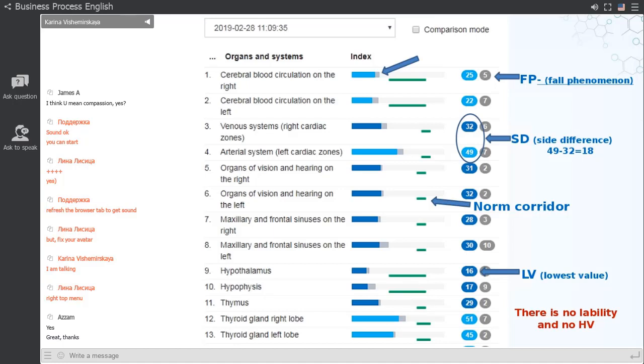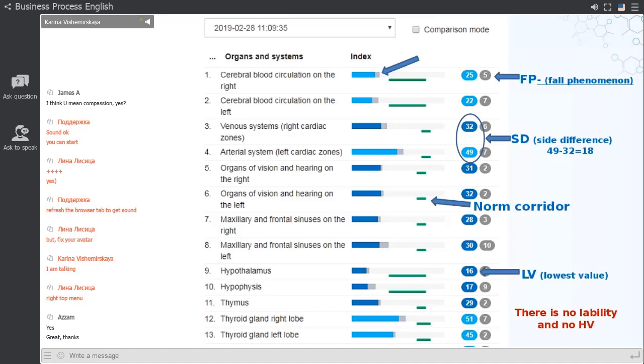This is norm corridor. Side difference. Let's look at number 3 and number 4. These are paired organs because we can see venous system, right cardiac zone, arterial system, left cardiac zone. Those organs which have right and left parts are paired. We have organs which do not have these parts, so they are not paired and we do not check them on this indicator.